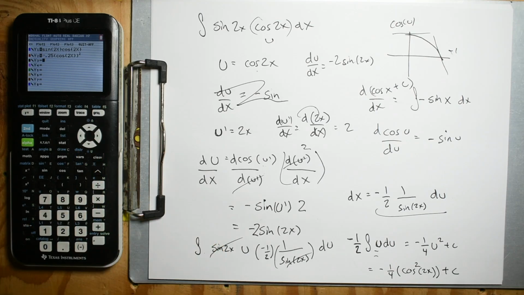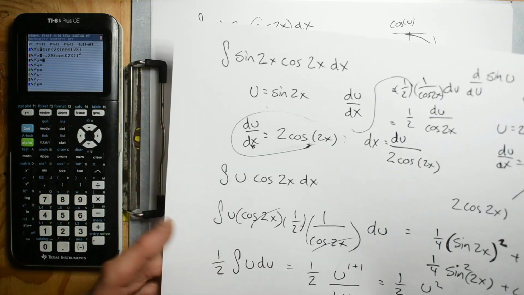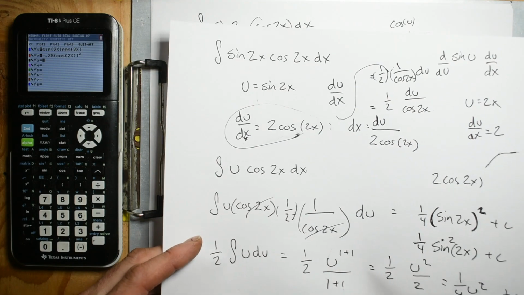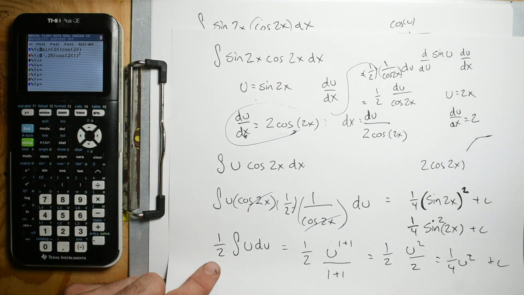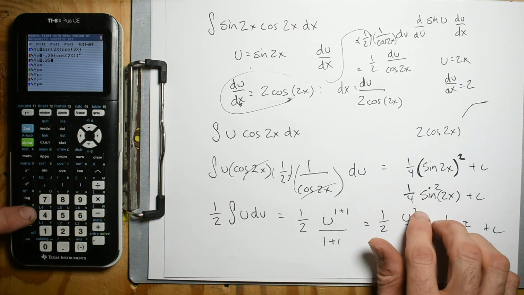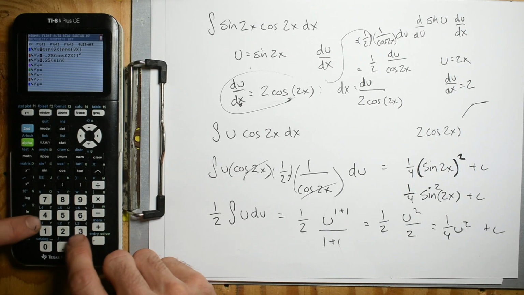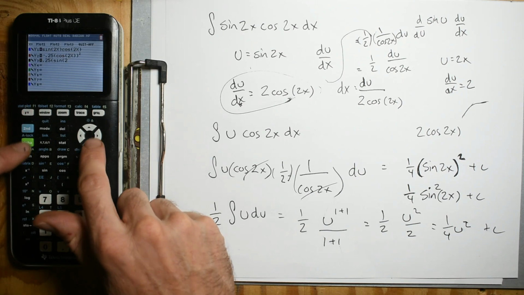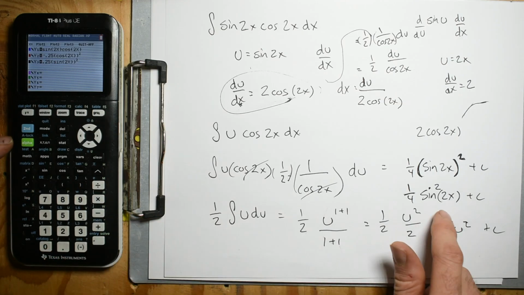And let's see. What was the other one that we actually got? This one. 0.25 sine 2x. Whoops. 2x squared.